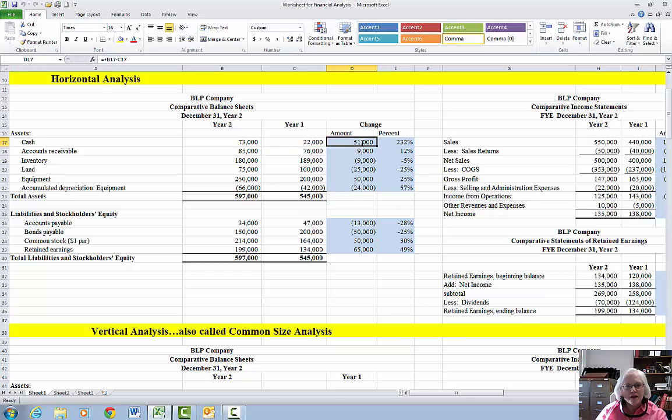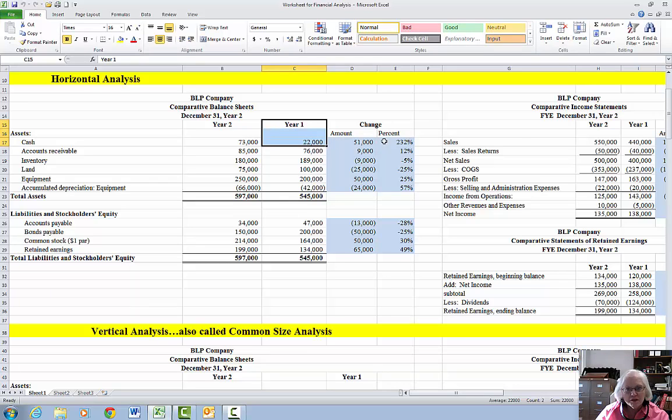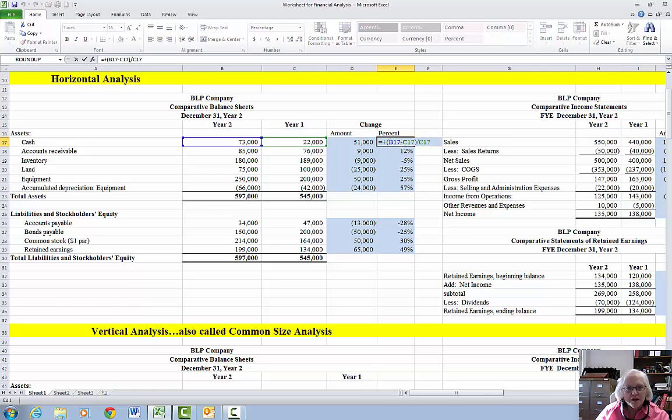Then to get the percent, you take the change, 51,000 in this case, divided by what you came from, which is year 1, C17 there. And you do that for every single thing. Make sure that you do your formulas correctly to get the positives and the negatives in the right spot.